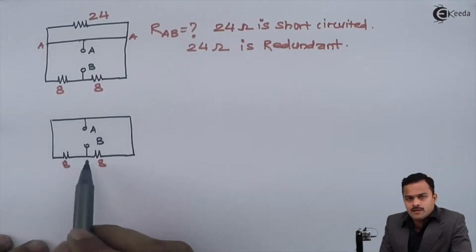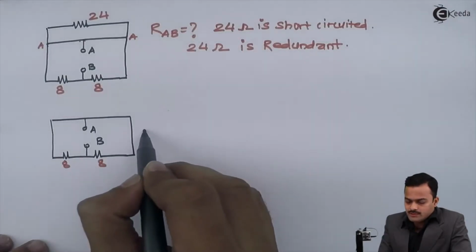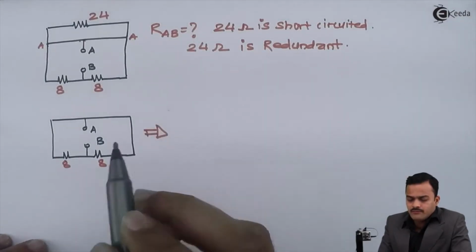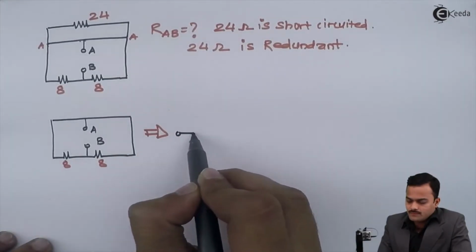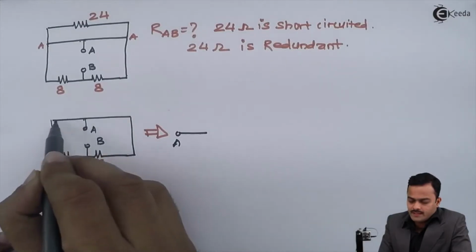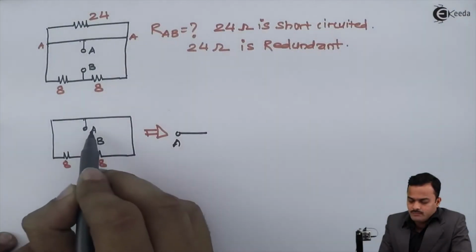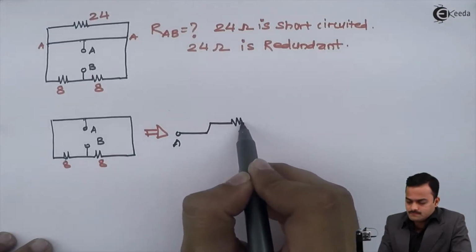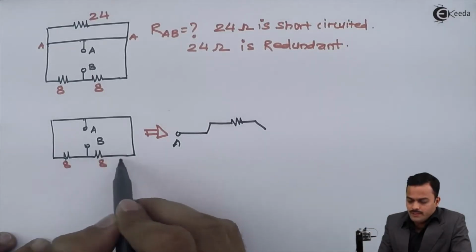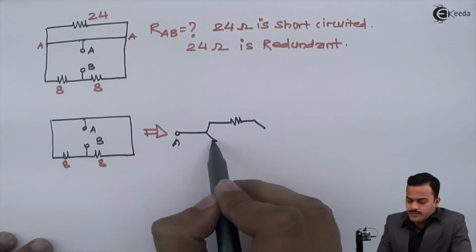8 ohm and 8 ohm are connected. So actually, if I redraw, the circuit will be like this. This is point A and this is point B. Between A and B, 8 ohm is connected. Between point B and A, one more 8 ohm is connected.